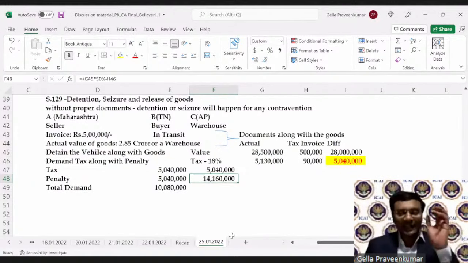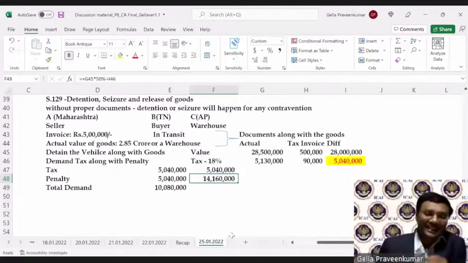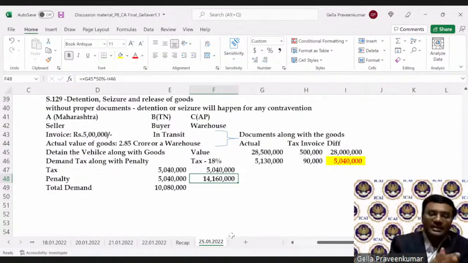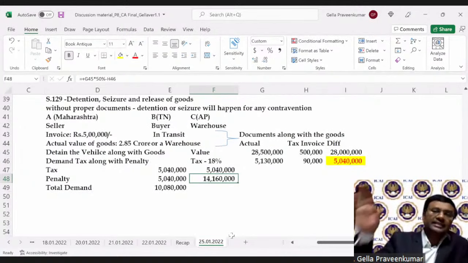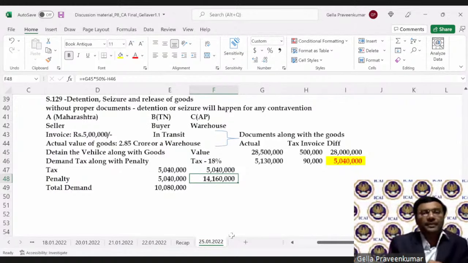Now, this is the case where most of the e-way transactions do get stuck. Now, across India, students, if you look at the case laws, Kerala is one state where 80% of the High Court cases are only in relation to e-way. I don't say that a lot of offenders are there in Kerala.